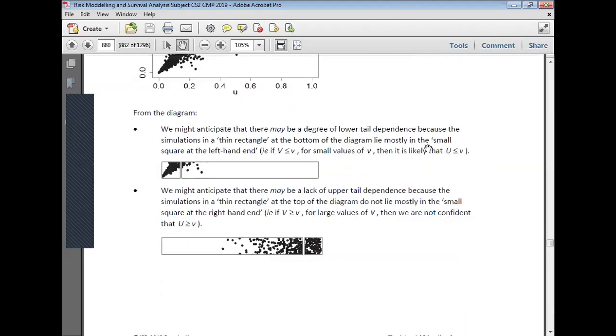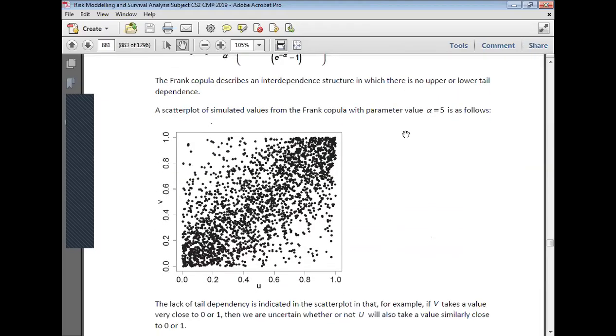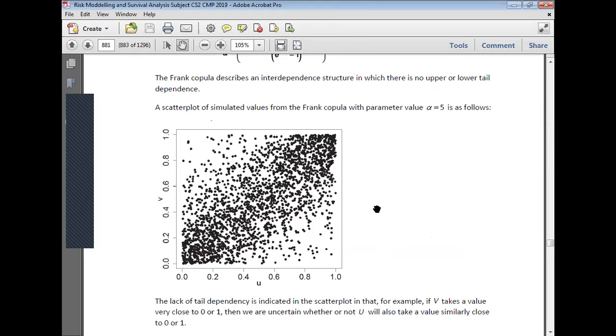And if you're having a look at the Frank copula, it's just all over the place. So you cannot really measure any kind of dependency in the tails, at least using the Frank copula. So these are three different kinds of copulas that we are going to cover in explicit copulas, which also form a part of the Archimedean family that we will study.